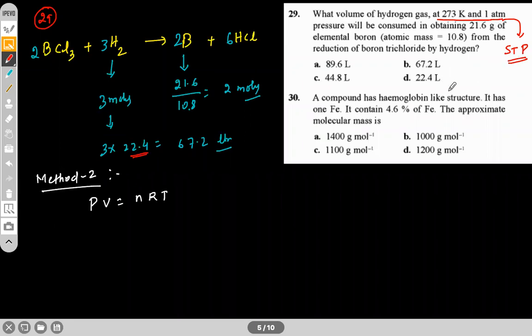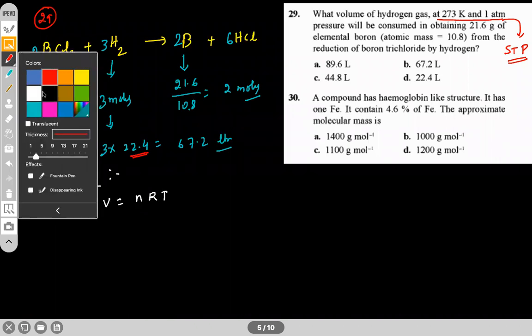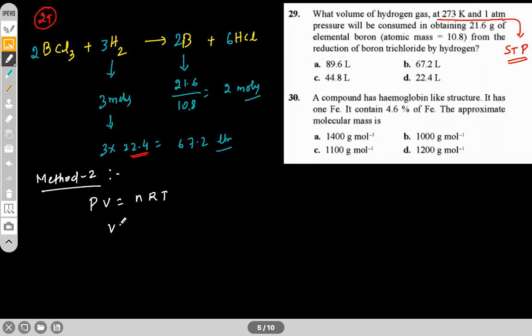If you do not realize this, or suppose some other temperature and pressure is given, then we can use this formula, PV equals nRT. So we need to find the volume. So what we can write, V equals n is 3, R is 0.0821, whatever temperature is given, here it is 273, divided by whatever pressure is given, 67.2 liter is the answer.